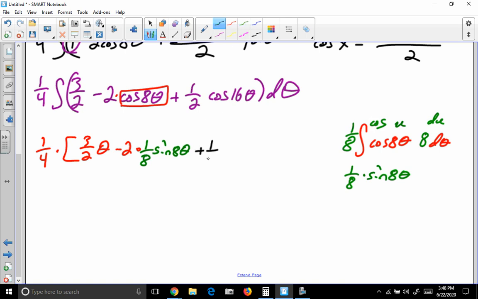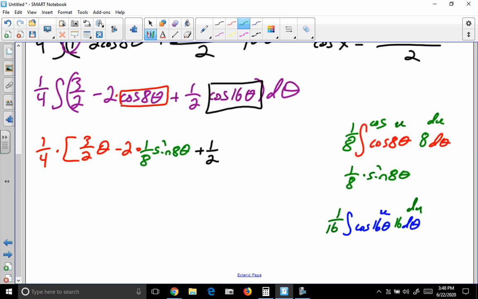Then we have a plus 1/2 times whatever we get when we integrate that. So if we integrate cosine of 16 theta d theta, that's our u. So du would need to be 16 d theta. So if I put a 16 there, we need a 1 over 16 there.